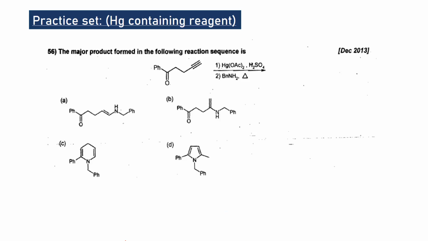So as we have seen from the mechanism, this triple bond will form a mercuric cyclic intermediate with mercuric acetate.